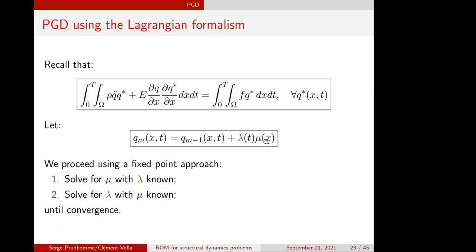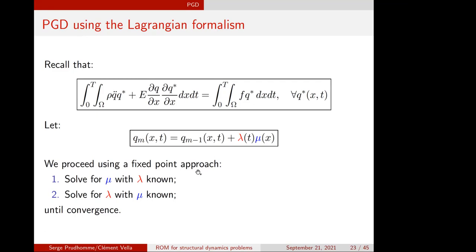So I introduce here the notation: lambda is going to be the mode with respect to time, and mu with respect to space. We are going to proceed with a fixed point approach. The problem is that when we introduce this into our equation, we get a nonlinear problem. So we use a fixed point approach to find lambda and mu.